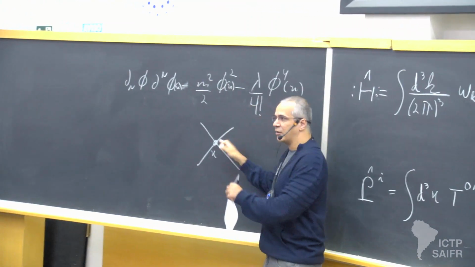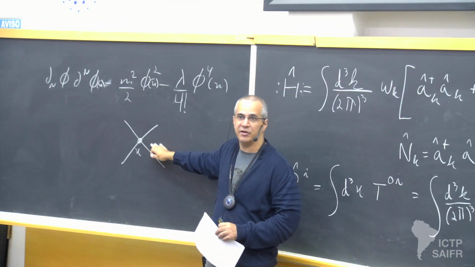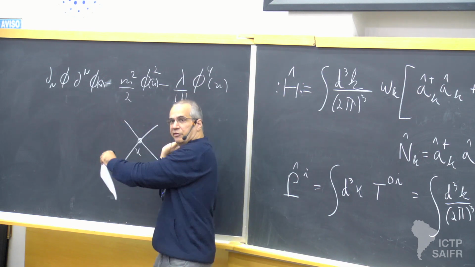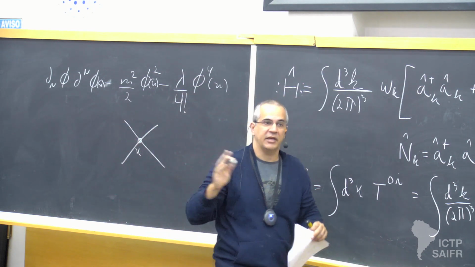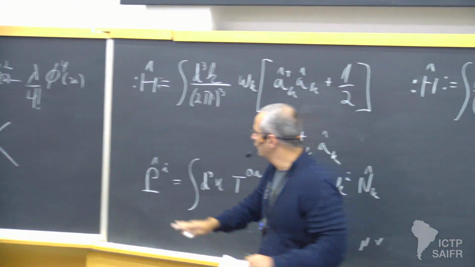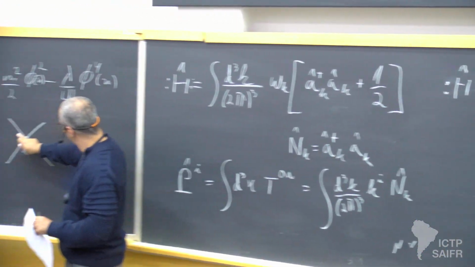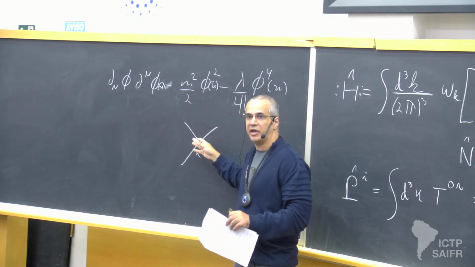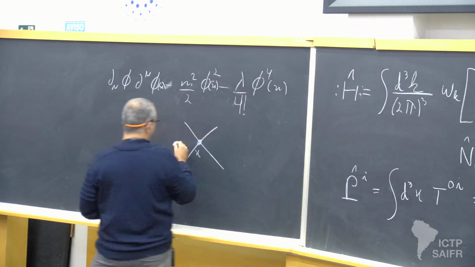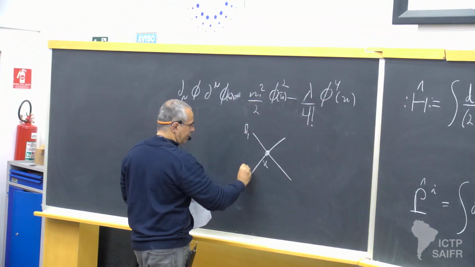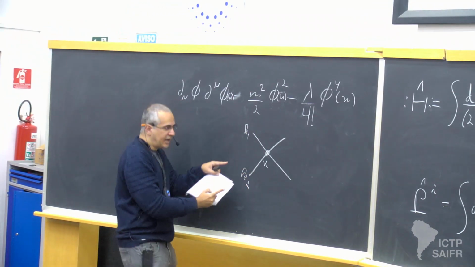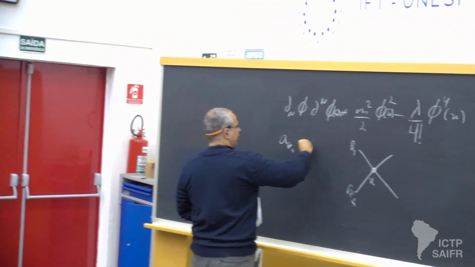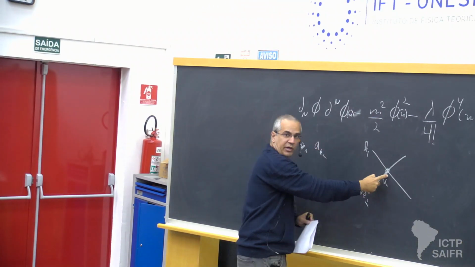And now I'm saying when I draw a diagram like that for my theory, I can put the legs in the past or the future any way I want. I can do all the combinations, but that tells me that I have this possibility of 4 fields interacting at a point. So now this theory has the possibility of starting with 2 particles with momentum K1, K2. They are annihilated by a K1 and a K2 acting on that point.